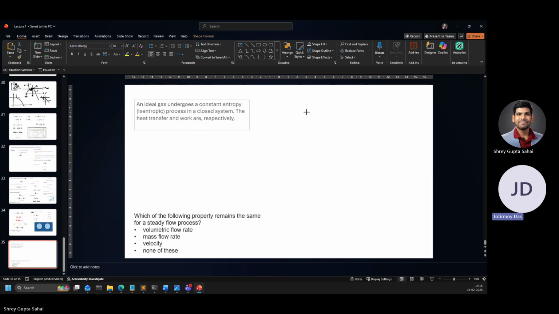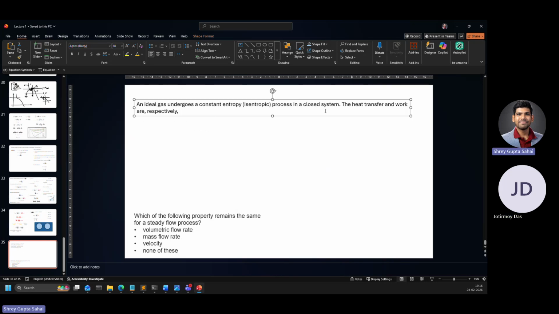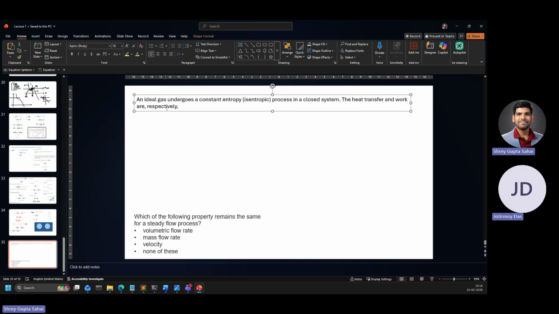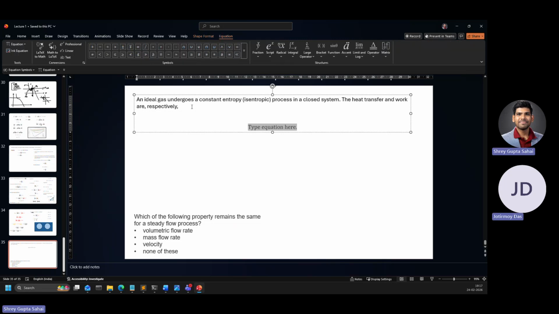Ideal gas only. An ideal gas undergoes a constant entropy process in a closed system. The heat transfer and work are respectively what? So we need to find out. It's a constant entropy process. Have the video lectures not done entropy yet?